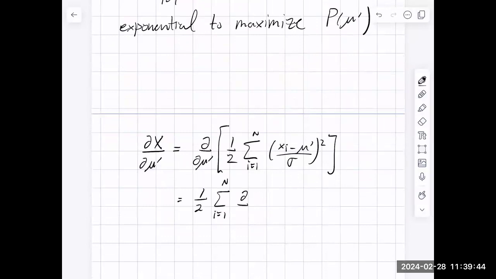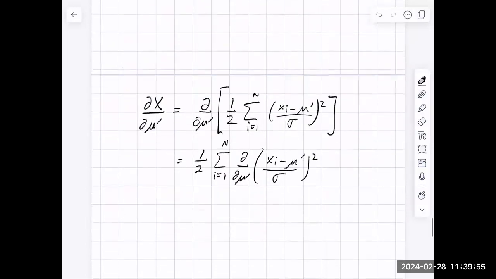So this is going to be d by d mu prime of (xi minus mu prime) over sigma squared, like that. Okay, so what is the derivative? What if I evaluate this derivative, what do I get? So okay, it's inside a square, so we're going to get a factor of 2, right?